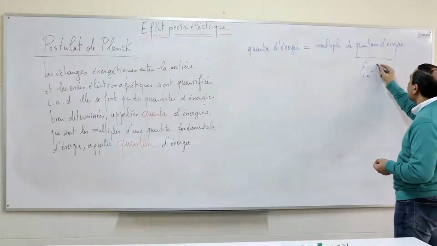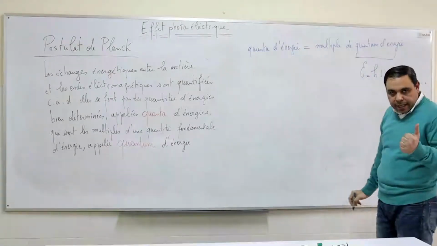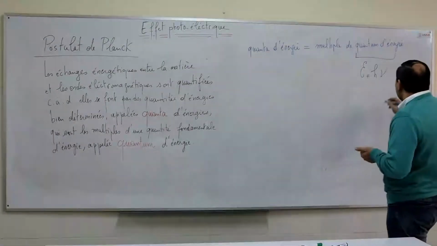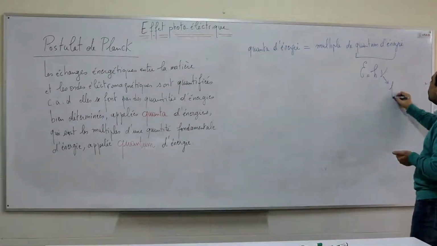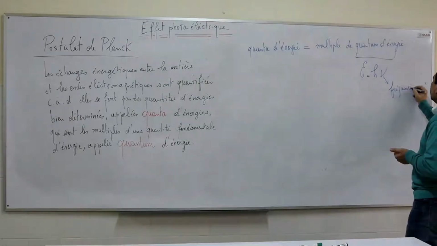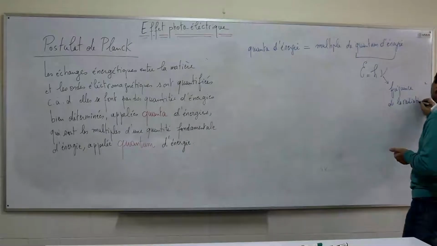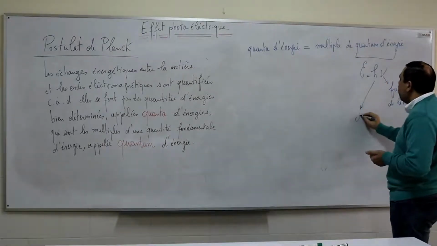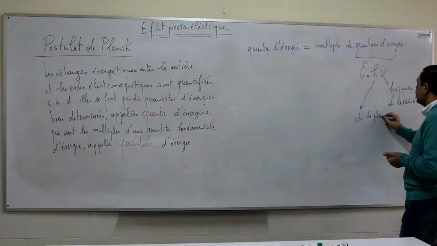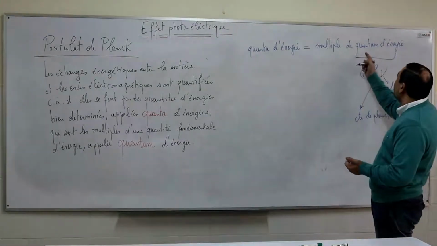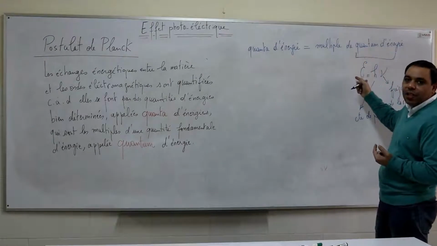The quantum of energy is defined by Planck as h nu, which is the energy of a photon in Einstein's hypothesis, where nu is the frequency of the electromagnetic radiation. h is Planck's constant, and E is the quantum of energy.